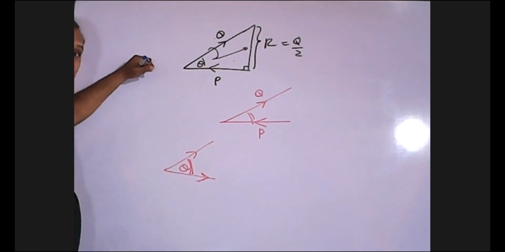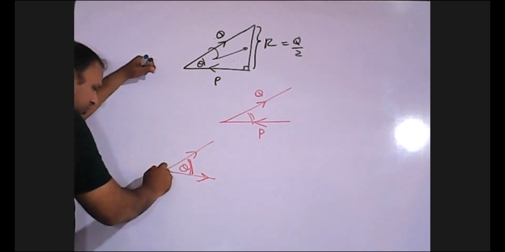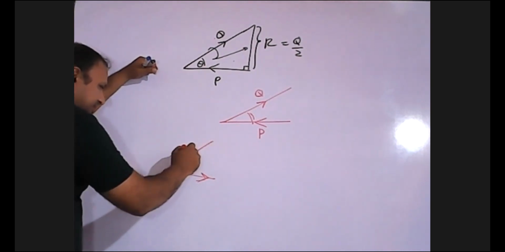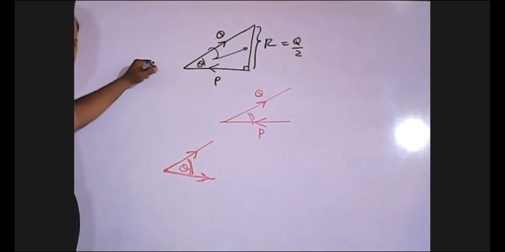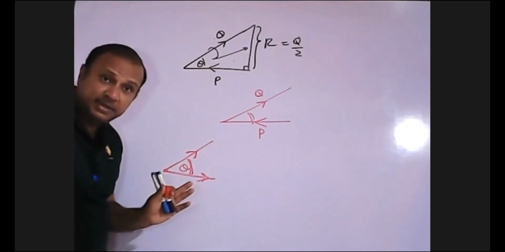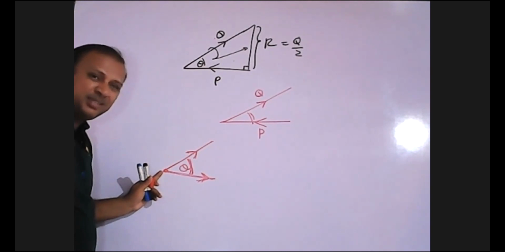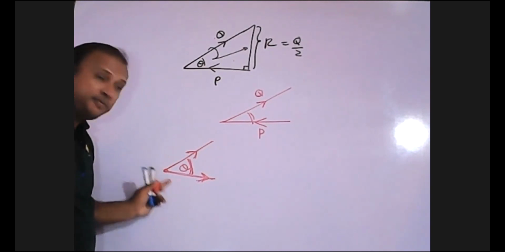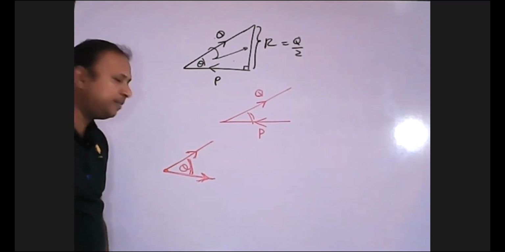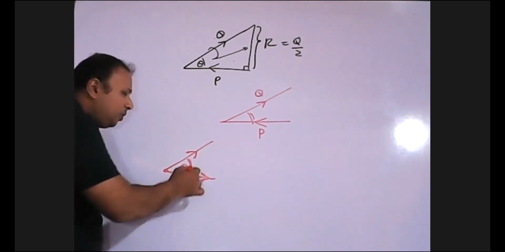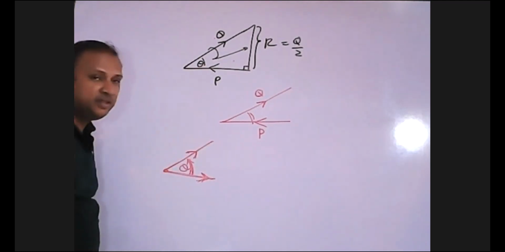So in order to determine the angle between two vectors, you should place the two vectors this way. That means the two vectors should start from the same point. If they start from the same point, then you can measure them in the anti-clockwise direction.